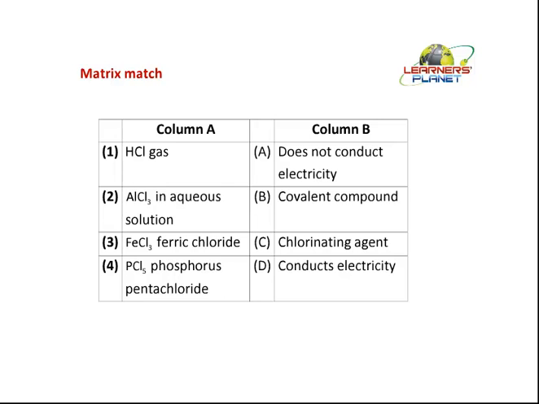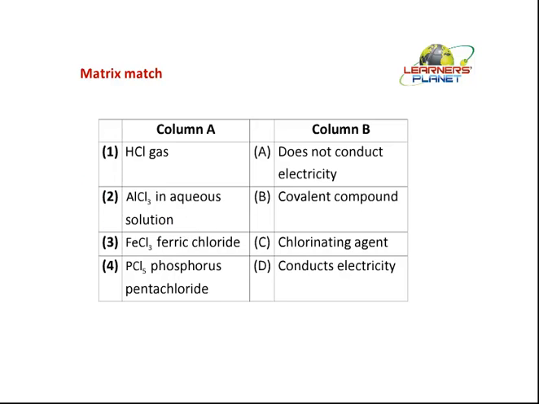Now our next question here is HCl gas. I am talking about dry HCl. It cannot conduct electricity. So this option is correct. Now let's move to the next. AlCl3 in aqueous solution. What is it?